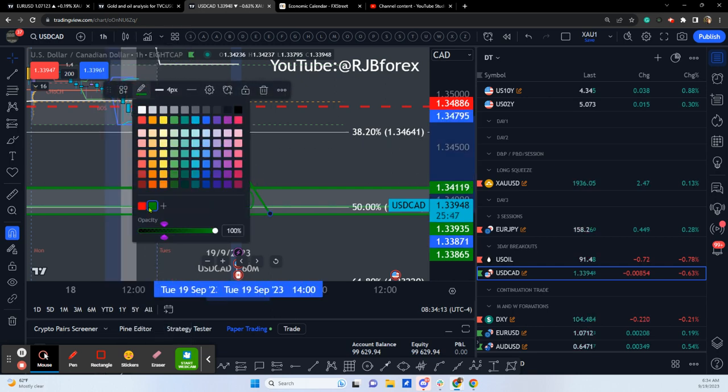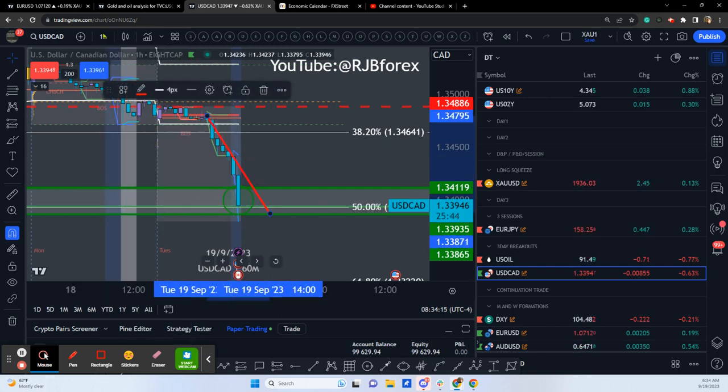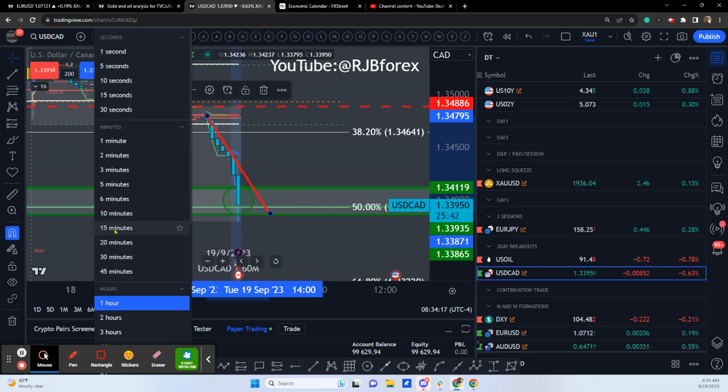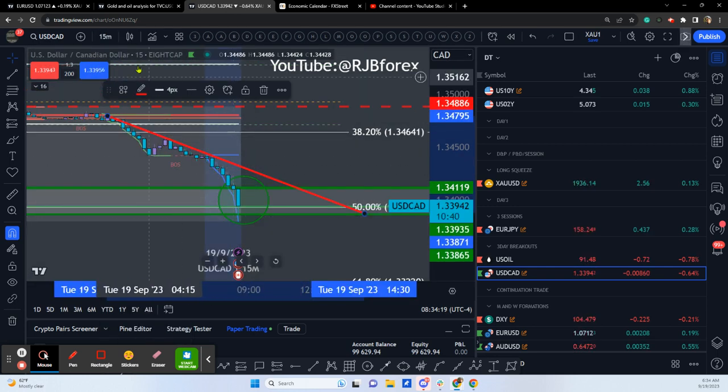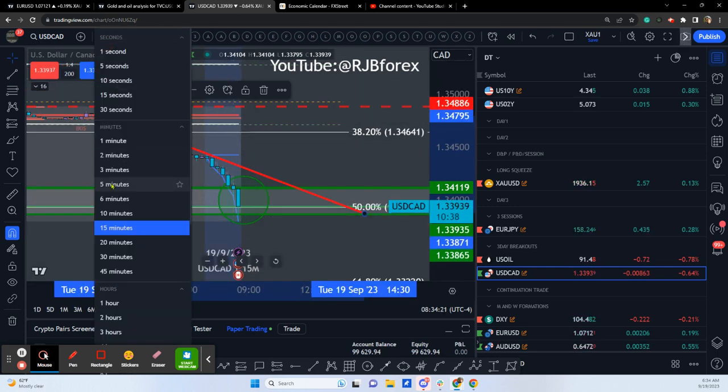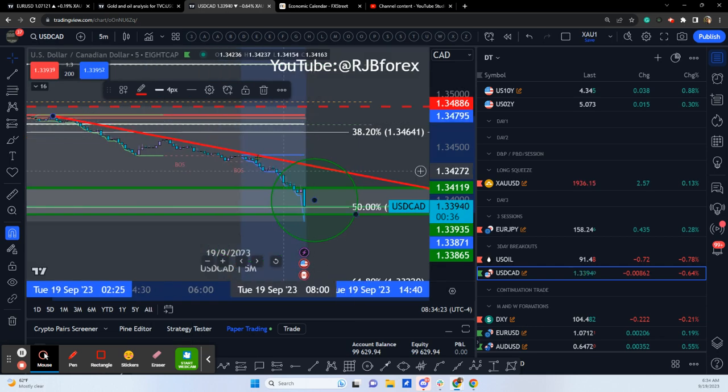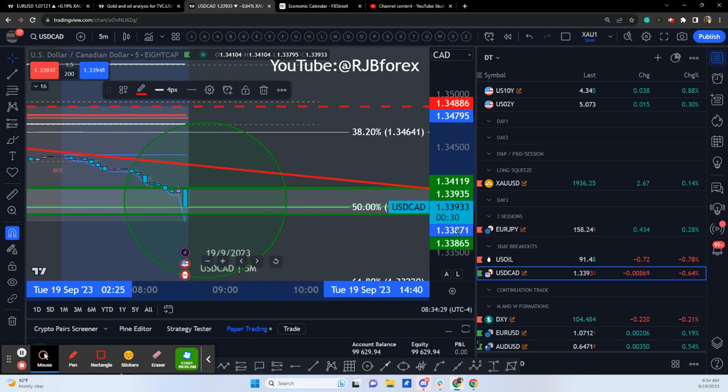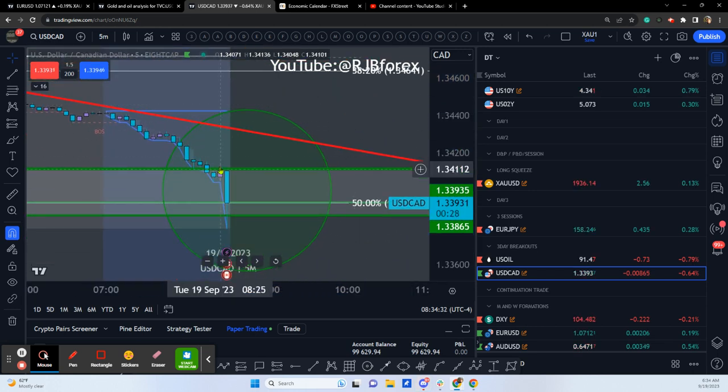So make that red for bearish trend. Until we see a deceleration of this move, where we'll be looking on lower time frames for this potentially to be the low of the day, and then we're looking at structure. So that high there.